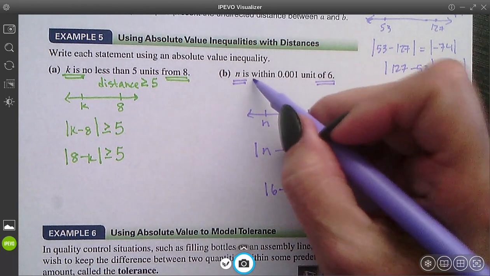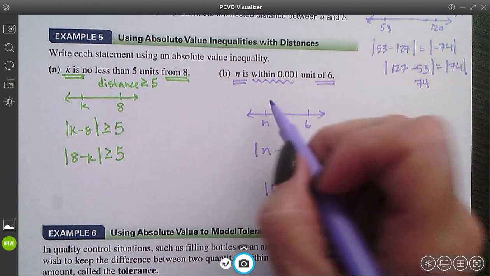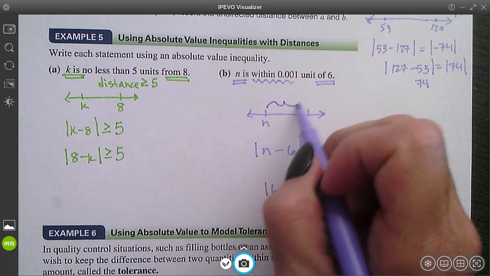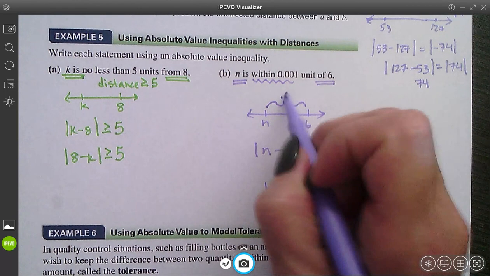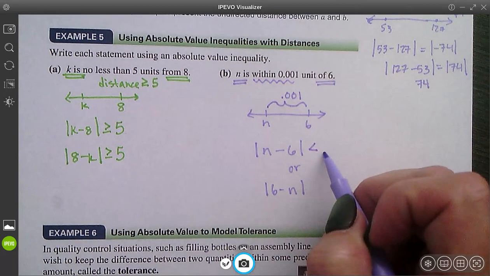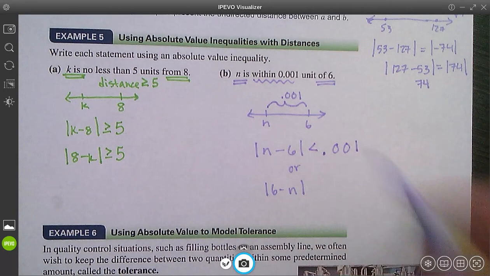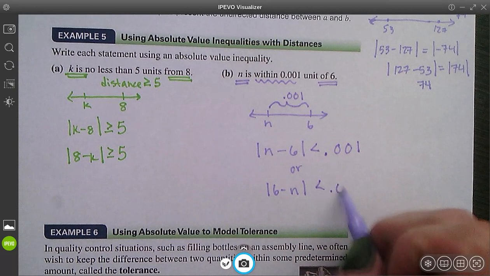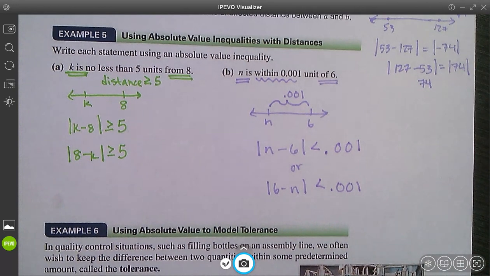Either way, I want it to be within 0.001, so I want this to be smaller than 0.001. So that will be a less than. So either of those would represent n being within 0.001 of 6.